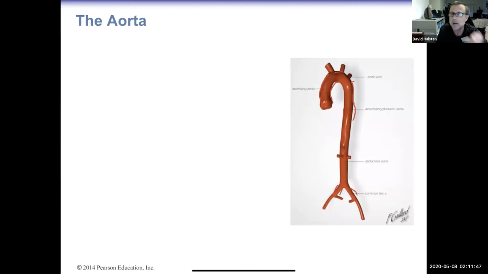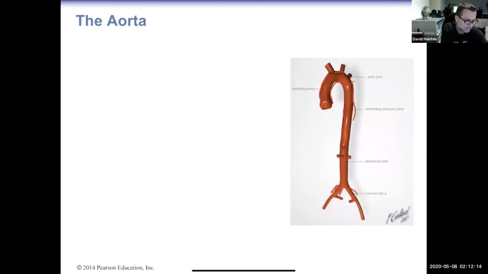Okay, so what's going to happen is arteries are going to split off the aorta all over the place. For your lower limbs, the aorta splits up into the right and left common iliac arteries. And then those are going to branch up. The common iliac arteries are right away going to split into the internal and external iliac arteries, and all pandemonium ensues.